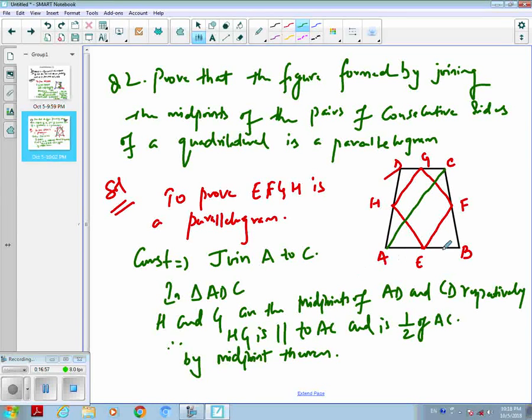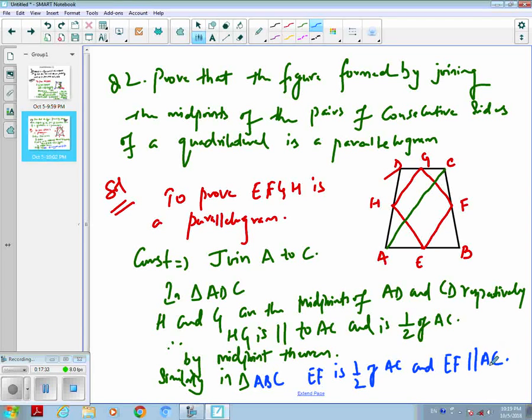Similarly, in triangle ABC, EF is half of AC and EF is parallel to AC.